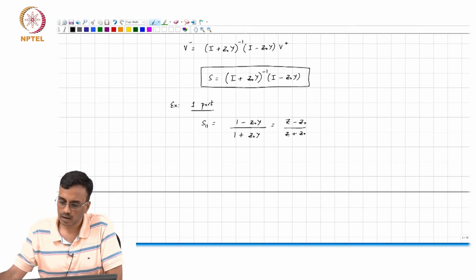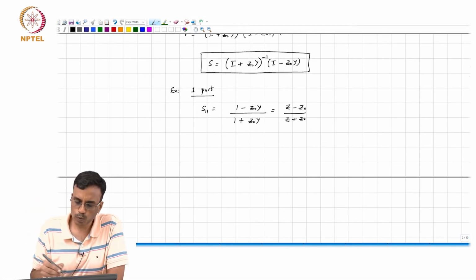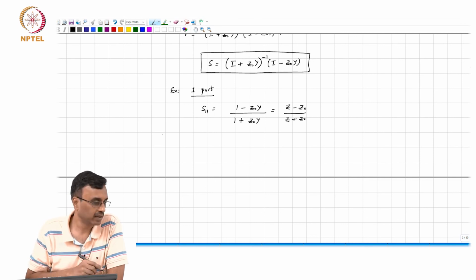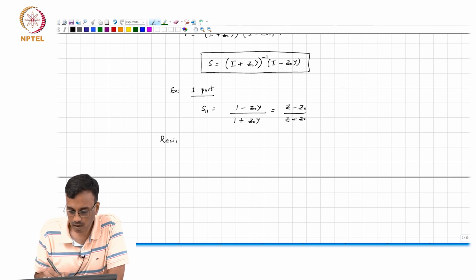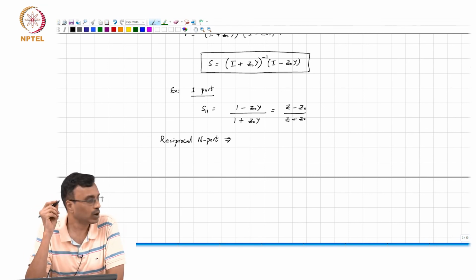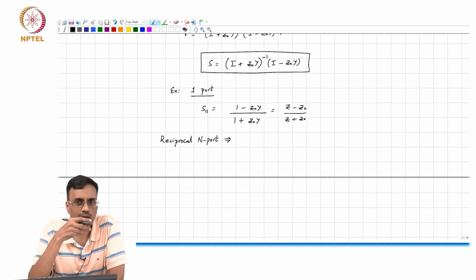All right. Next thing: if you have a reciprocal N port, what comment can you make about the Y matrix?